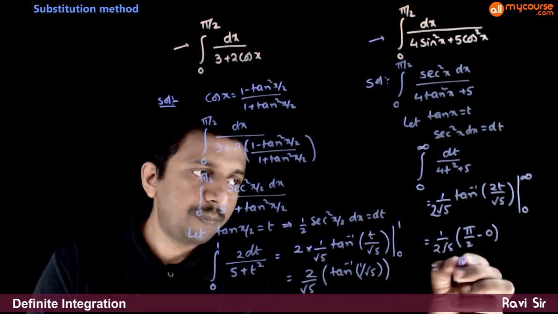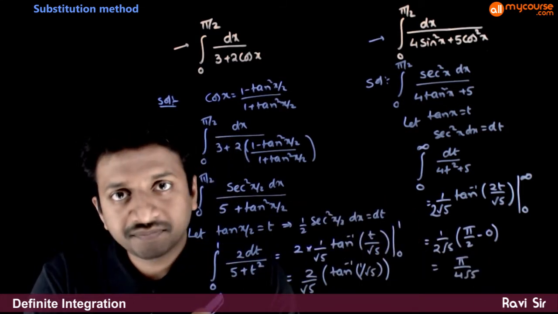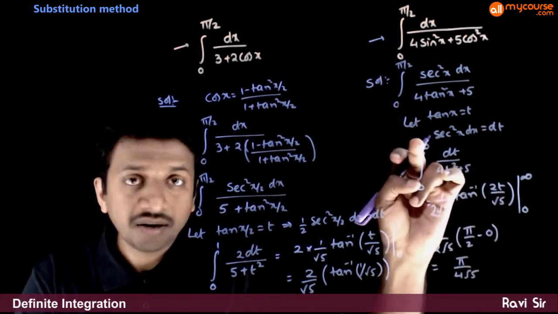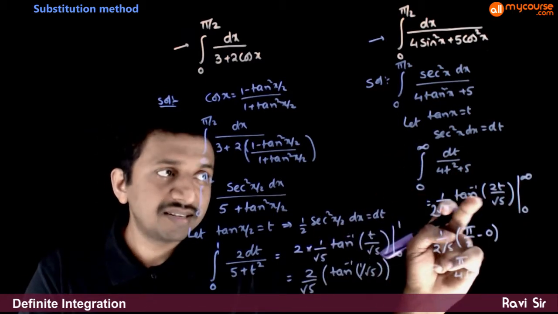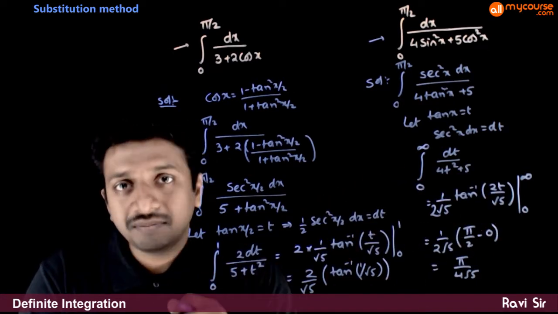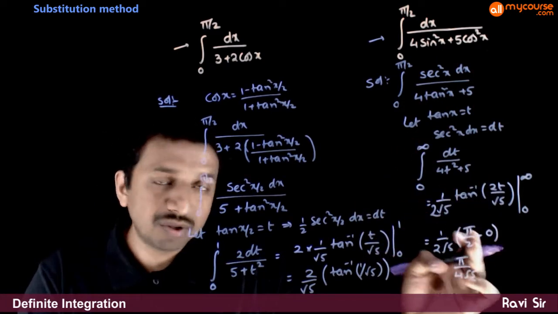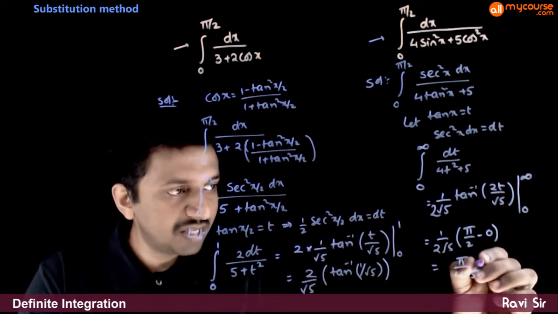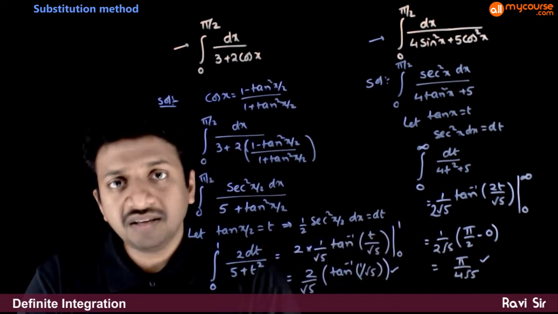That is equal to pi by 4 root 5, which is the answer. Whenever you have to put tan inverse of infinity, you have to take the limit. As t tends to infinity, tan inverse goes to pi by 2. So this will be the answer for the second integral, and the earlier one is the answer for the first integral.